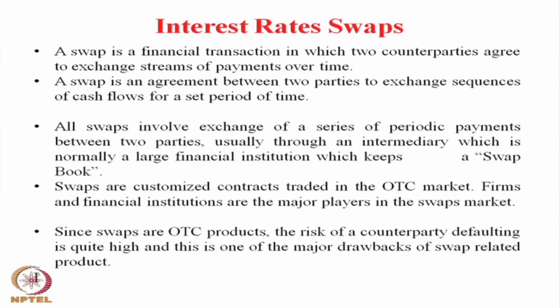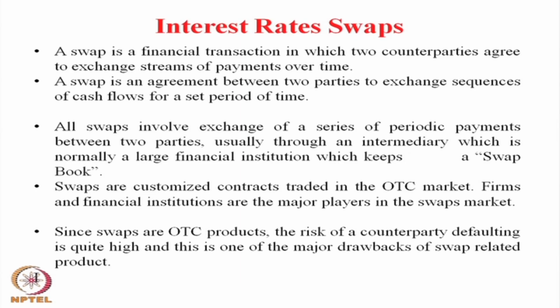In the swap market, swaps are customized products because swaps are rarely traded; they are customized as per the requirement of the two parties, the swap design and the periodic payment design. Since it is customized and an OTC product, the credit risk is very high. It may happen that one party may not adhere to the swap position or swap exchange.